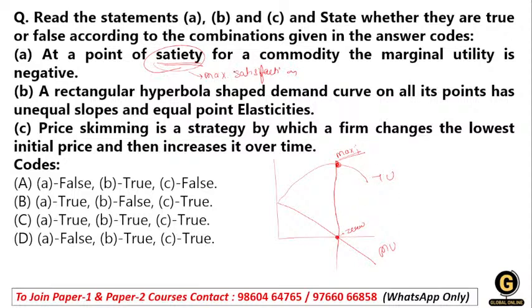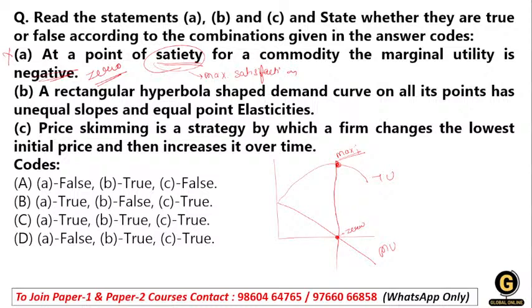Never. When the consumer is at maximum satisfaction, marginal utility is not negative, it is 0. So statement number 1 is false.